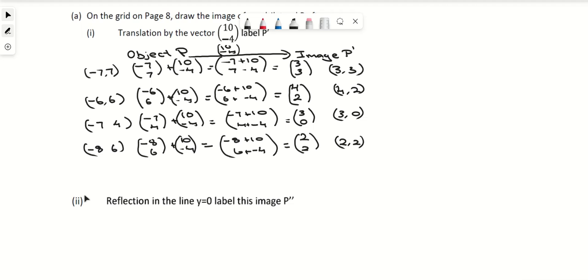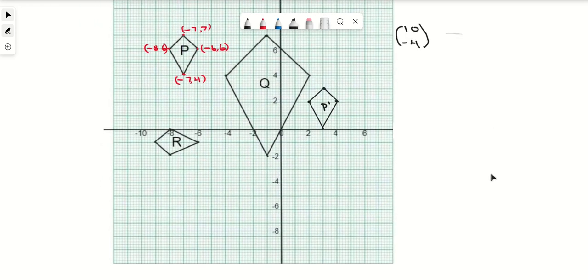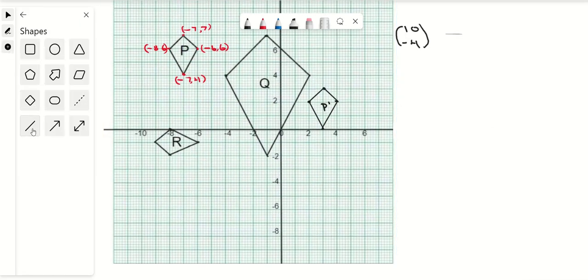So part A2 says reflection in the line y is equal to 0. The image that you'll get would be image P2. Now we know the line where y is equal to 0 is also your x-axis. So I'm going to label it here, in blue so that we can see.